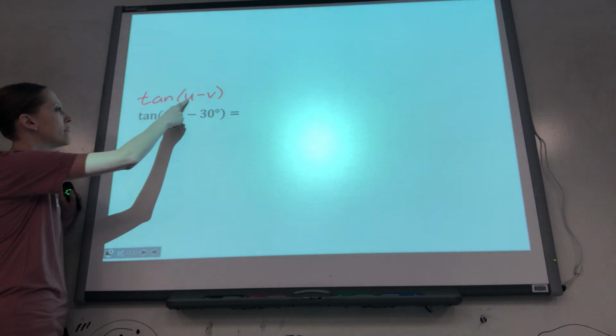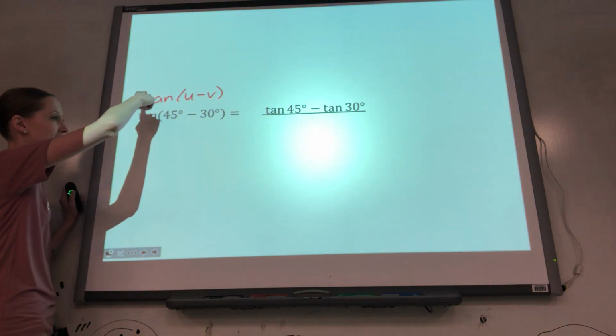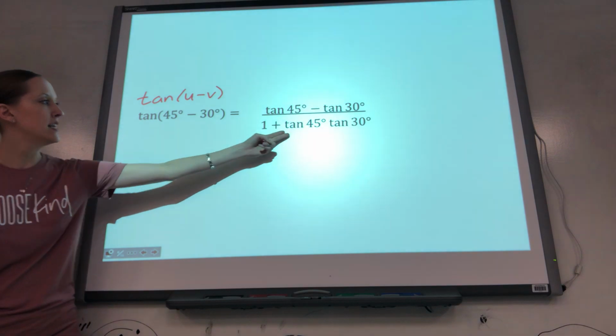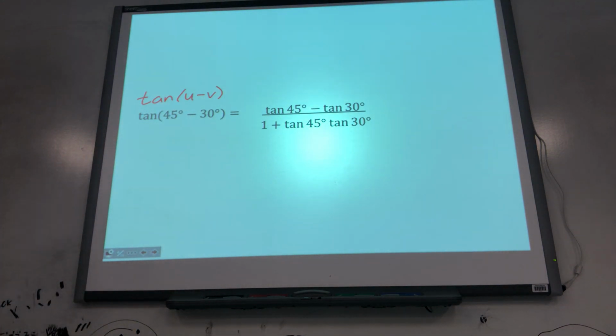Okay, tangent of u, that's tangent of 45, minus tangent of 30, all over 1 plus tangent of 45 times tangent of 30. Let's look these up real quick.